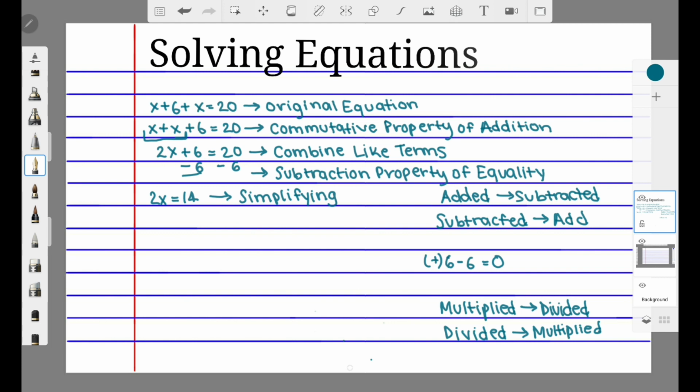So here we have 2x, and 2x basically is saying 2 times x. So there's our multiplication, which means that we have to divide. It's being multiplied by 2, so we are going to divide both sides by 2. And that is the division property of equality.